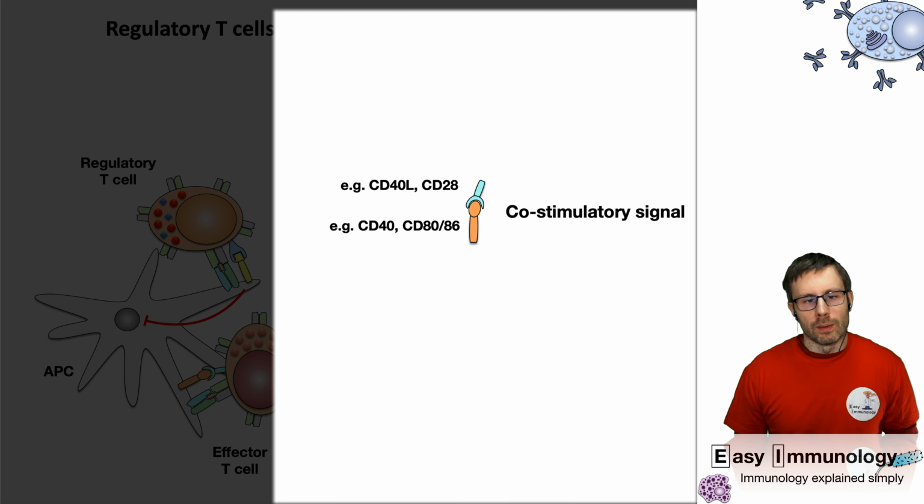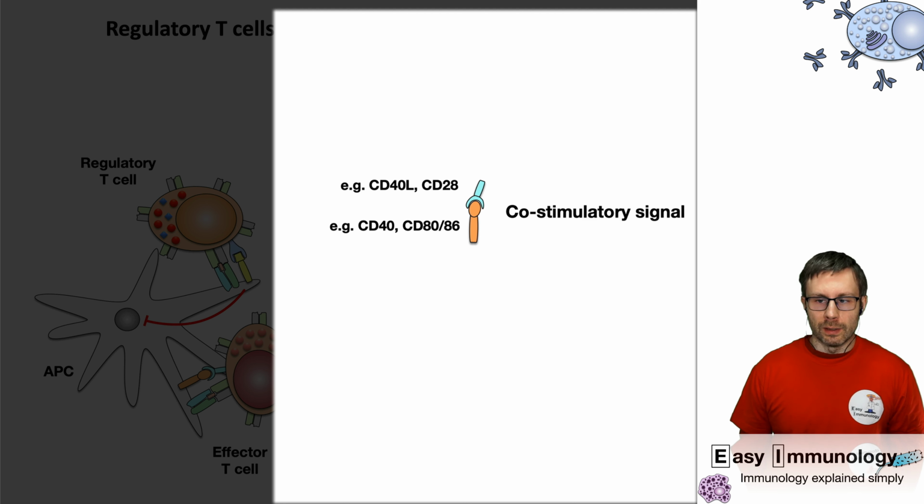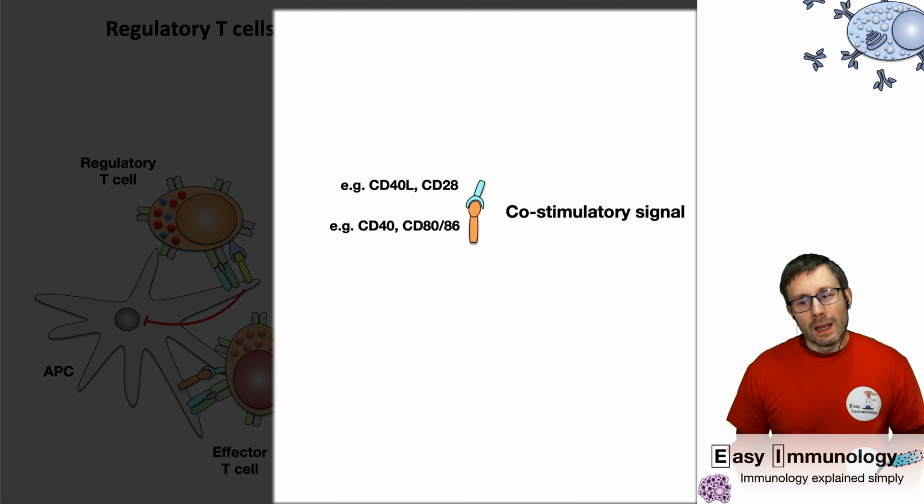And here I put some examples like CD40, CD80, CD86, where CD means cluster of differentiation. This is just a way of delineating that this is a molecule expressed on an immune cell, also a non-immune cell, and they bind to certain counterparts, certain receptors, and they are called, for example, CD40 ligand in case of CD40 or CD28 in the case of CD80 and CD86.